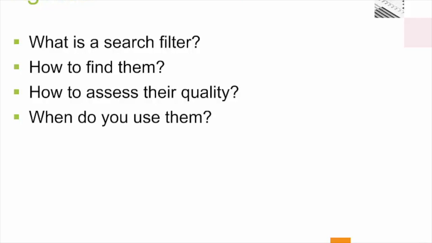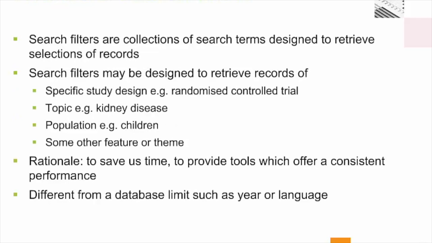Okay, so today we're going to look at what search filters are, how we can find them, how we can assess their quality, and some thoughts about when we might use them. So first of all, let's think about what a search filter is. There are probably many definitions, but the essential aspect of search filters is that they're collections of search terms designed to retrieve specific sets of records. And search filters can try to retrieve quite a large selection of types of records.